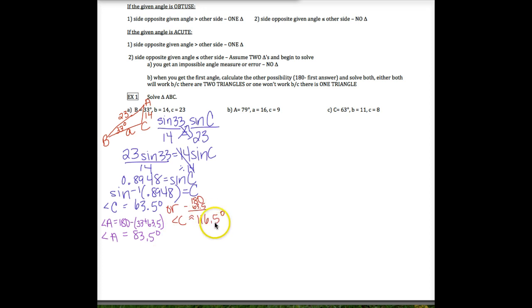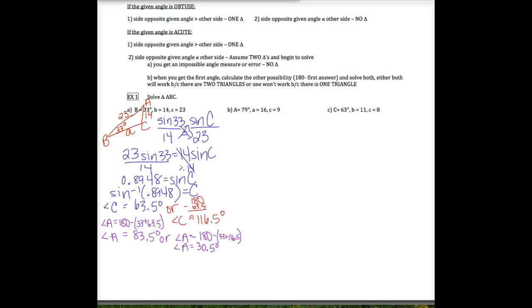I also need to solve this case. If angle C is 116.5, then I have to do 180 minus the sum of 33 and 116.5. So, in that case, angle A would be 30.5 degrees. So far, so good. Everything's making sense. Angle A is less than angle B. So we'll see if we get something that makes sense when we continue solving.